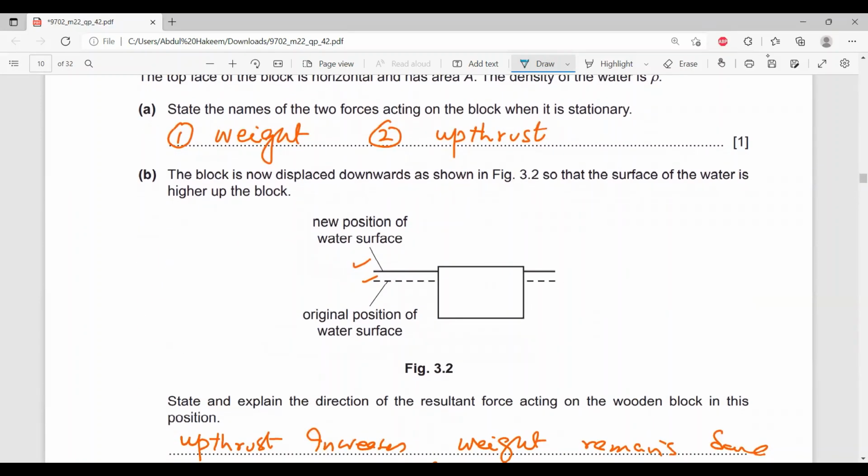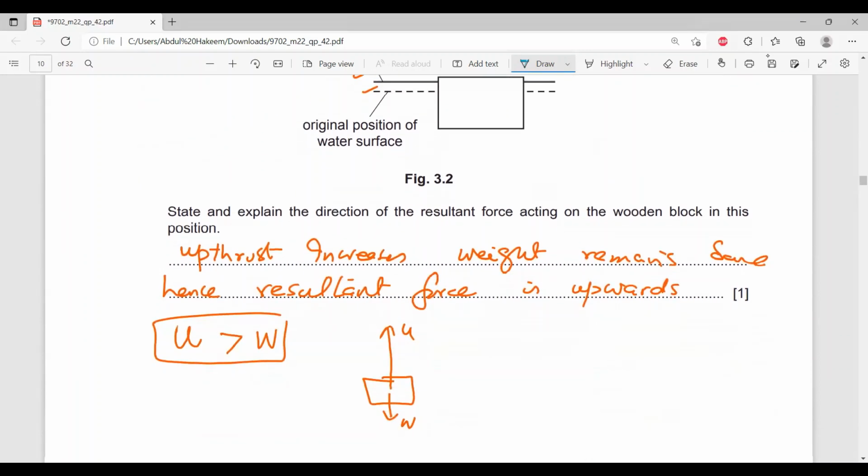The block is now displaced downward as shown in the figure so that the surface of the water is higher up the block. State and explain the direction of the resultant force acting on the block in this position. Look, when it is dipped further into the water, displaced water volume increases, upthrust increases, weight remains same.